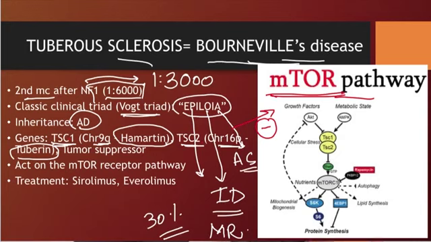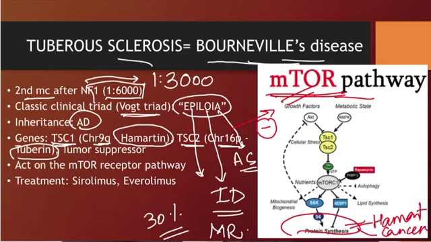So when TSC1 and TSC2 are deleted in tuberous sclerosis, there is uncontrolled, excessive upregulation of the mTOR pathway and in turn protein synthesis, which leads to hamartomas and cancers all over the body, as we'll be seeing. This is the main pathophysiology behind tuberous sclerosis, which is very important for the AIIMS exam.